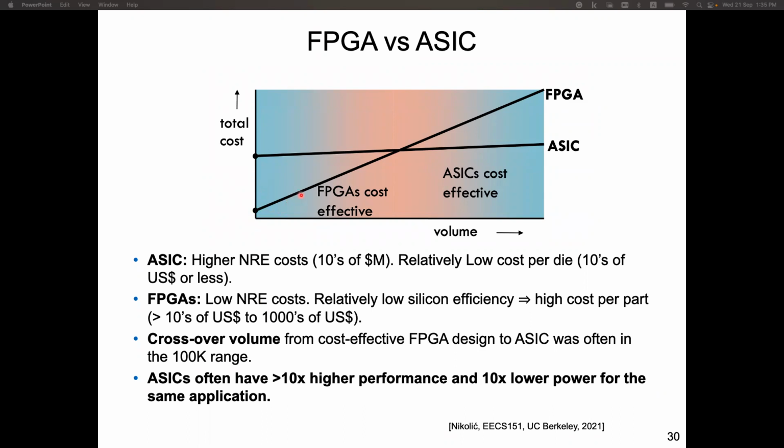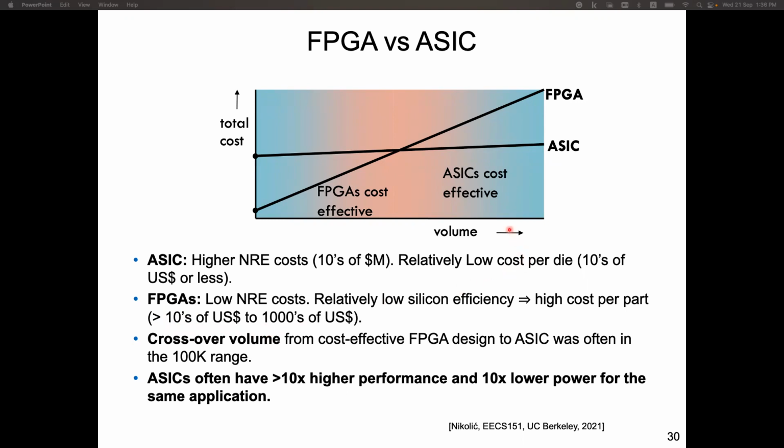You need to buy it from the FPGA vendor. Each FPGA depends on the model and depends on the level of sophistication. Each FPGA chip can cost greater than $10 to thousands of US dollars. So per unit is high.